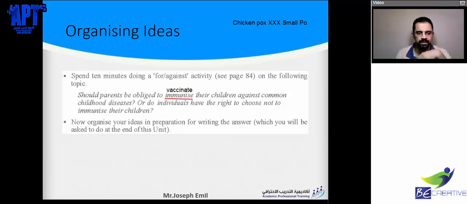In the Arab world, vaccination is almost a consensus, or we all agree that vaccination is good, but some people in the United States say that vaccination is actually harmful for the children, and they try not to vaccinate their children. I'm not going to say anything about that, all right?